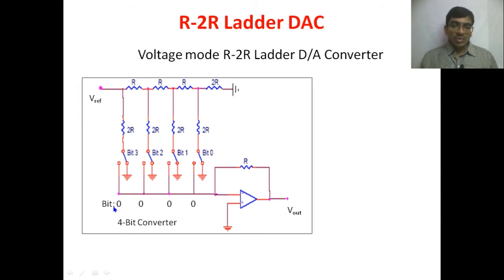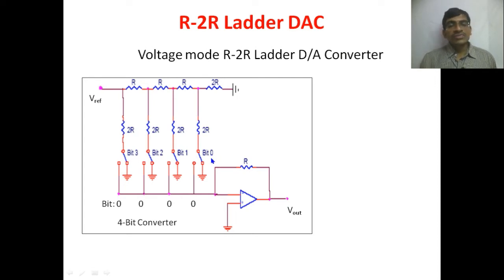Here I am assuming the bits are 0 0 0 0, so all these switches are connected to the ground terminals, and it is a 4-bit R-2R ladder binary converter, because we are using 4 binary bits from bit 0 to bit 3.